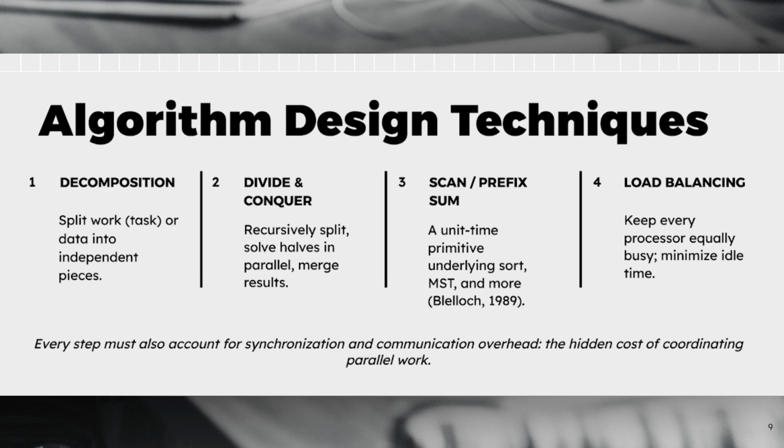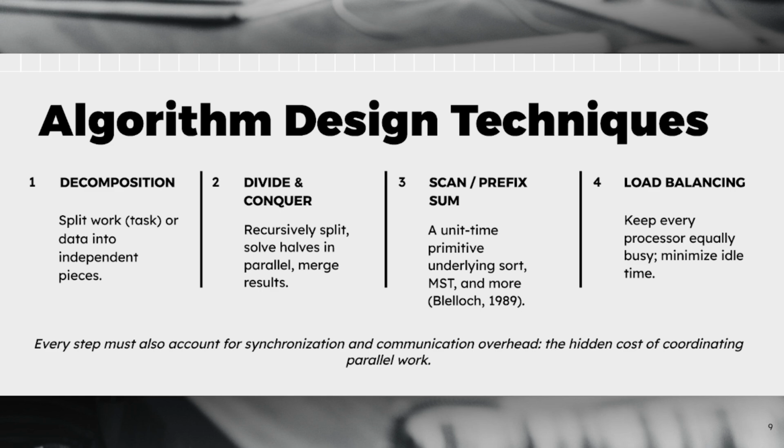Divide and conquer is a natural fit for parallelism, because when you recursively split a problem in half, each half can be solved independently and in parallel, and merged back together at the end. It's the same idea behind parallel merge sort or parallel matrix multiplication.